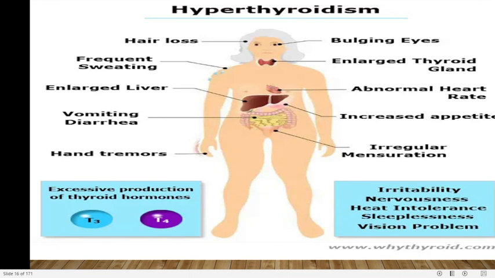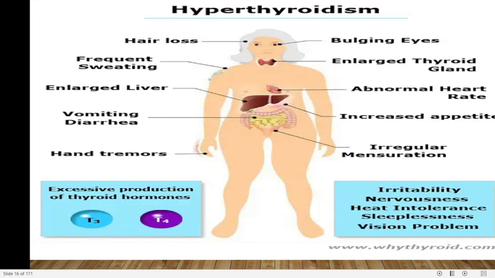So hyperthyroidism, you can see it now. Excessive production of the thyroid hormones, that is the T3, T4, leads to someone experiencing a condition known as hyperthyroidism that is generally characterized by irritability, nervousness, heat intolerance, sleeplessness, vision problem.